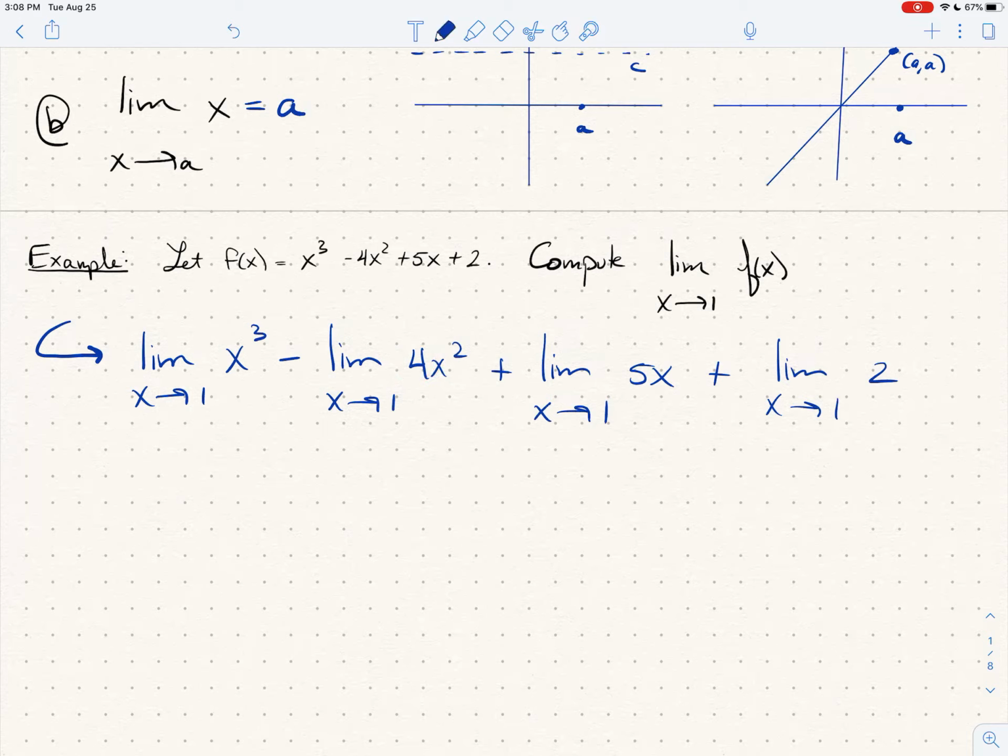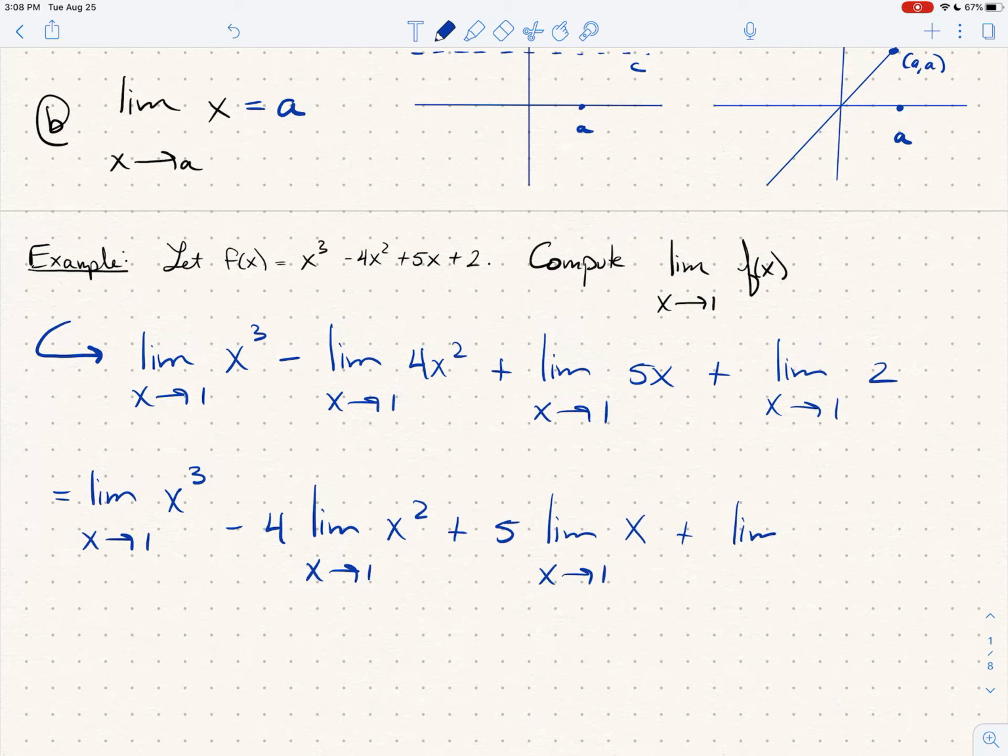So this is equal to the limit as x goes to 1 of x cubed minus 4 times the limit as x goes to 1 of x squared plus 5 times the limit as x goes to 1 of just x plus the limit as x goes to 1 of just 2.